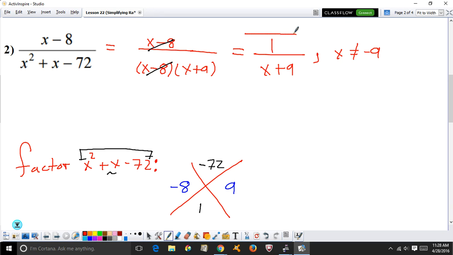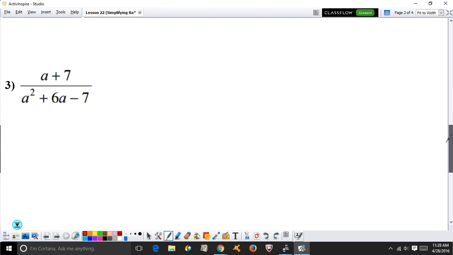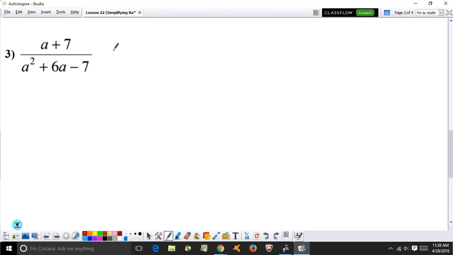So this is my full answer. Which number do you need to exclude? Negative 9, because negative 9 will make the denominator equal to 0. So the process still remains the same. Simplify and see what it is that you can exclude.